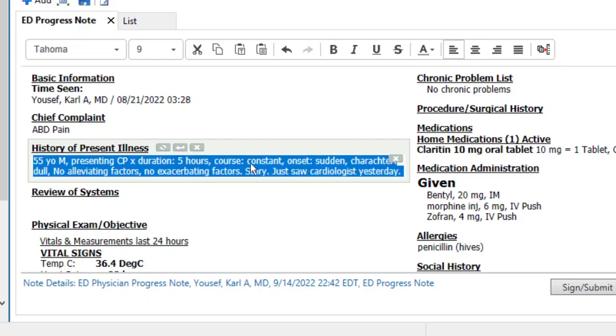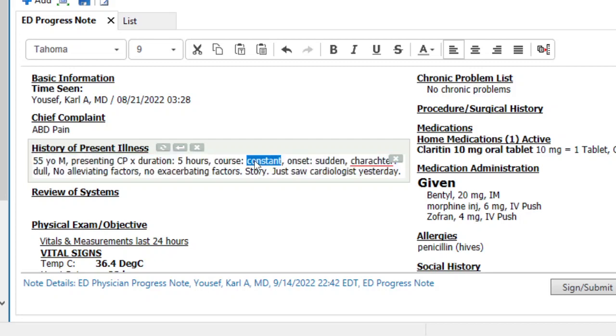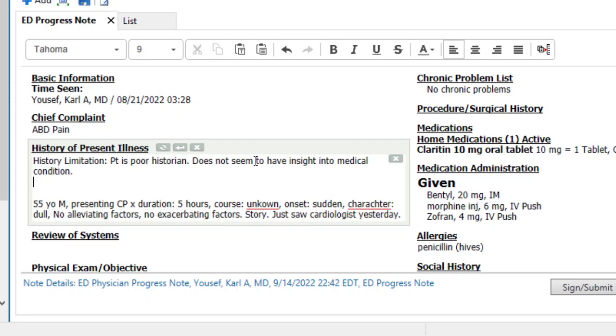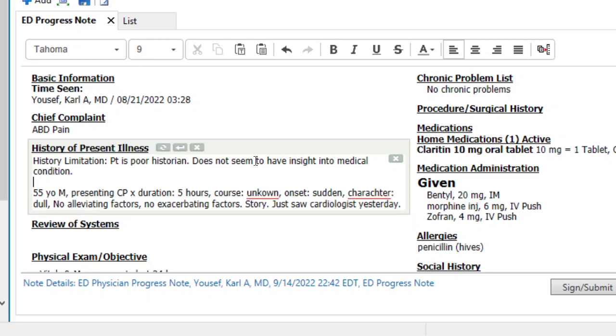And let's just say we just didn't know many of the things here because this guy was not a very good historian. So what I would do here is I would go to the top right here, and I would put dot limit. And these are limits that I have for patients. And he's a poor historian, or maybe had poor hearing. So we would just put that in here, and that'll give you leeway on the billing for a level 5 chart.